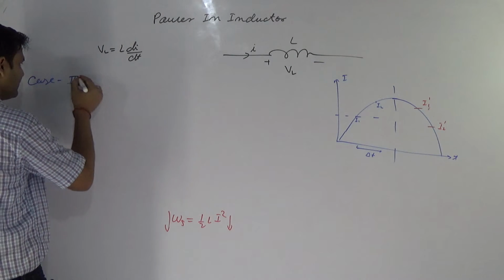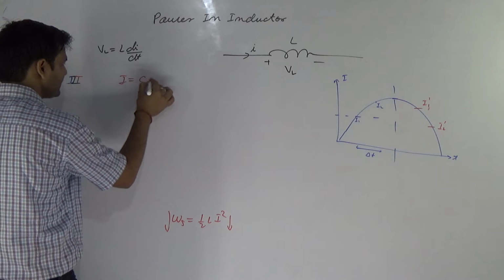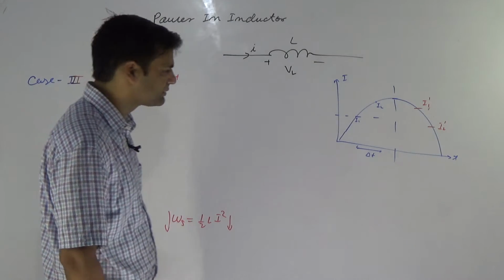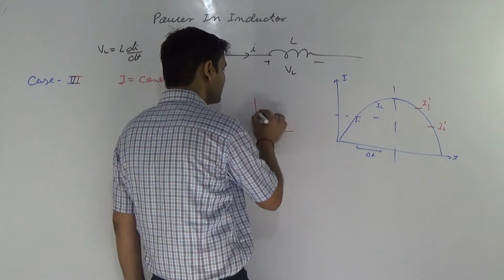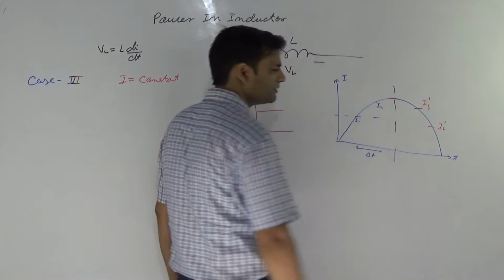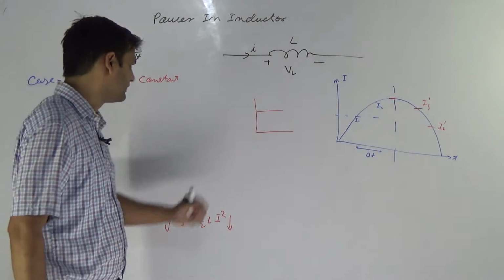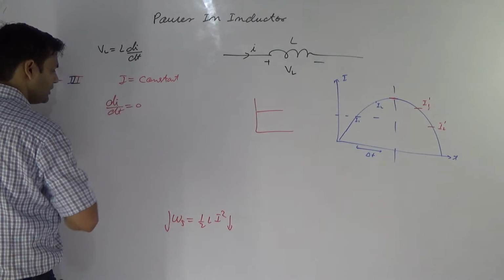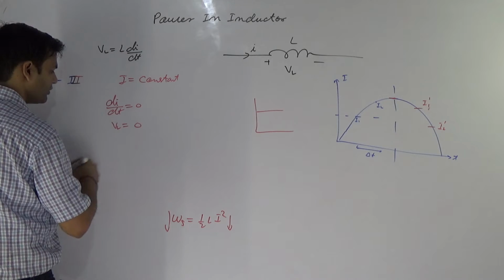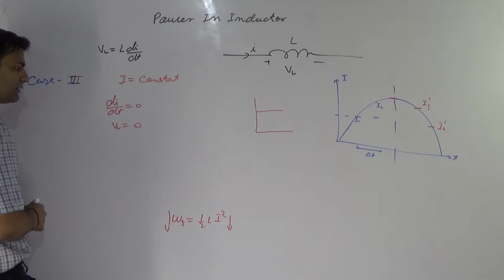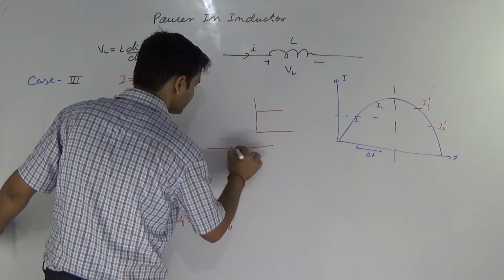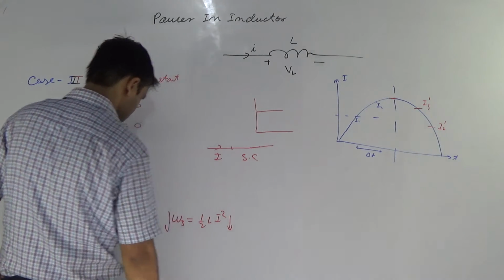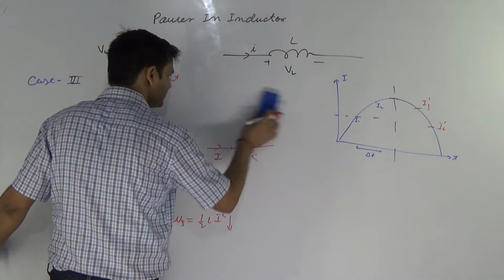Now another case, third. If I is constant, suppose a DC current. If I is constant, di by dt is 0. It means VL is 0. That's why the inductor behaves like a short circuit. The voltage across the inductor is 0.